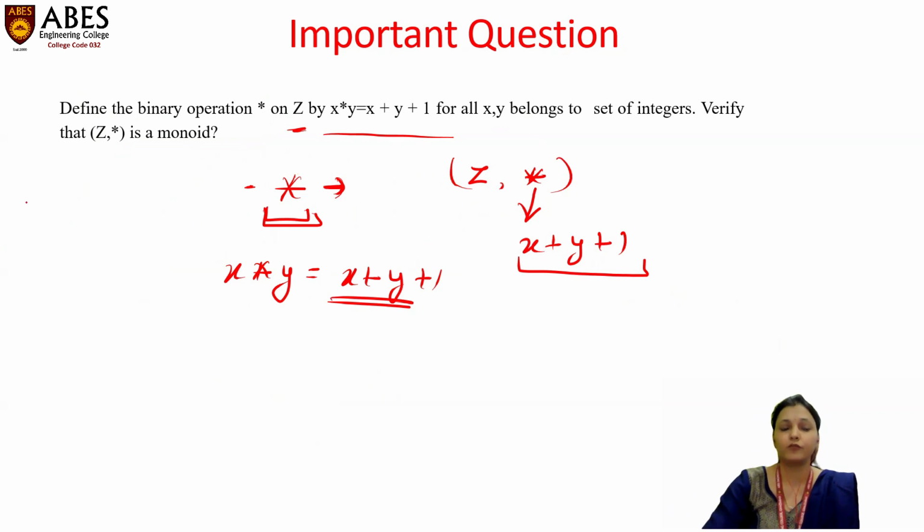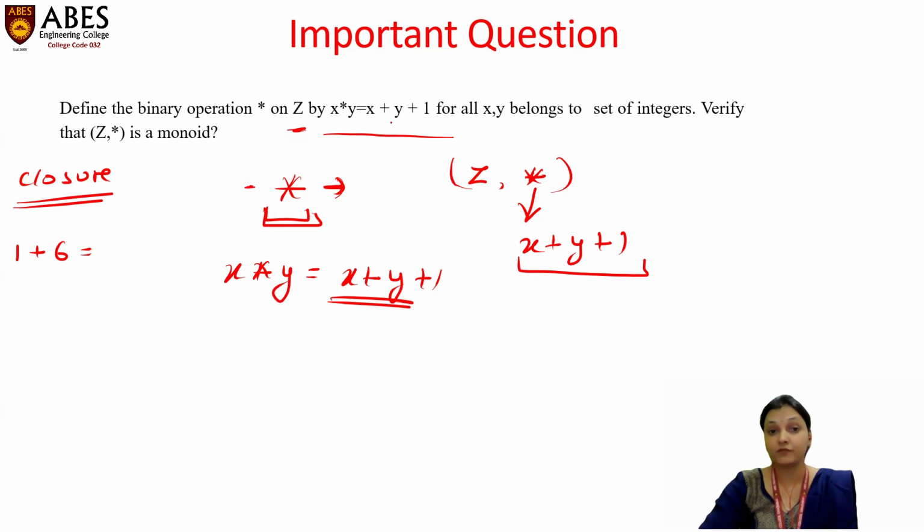So first of all, we have to find whether it is an algebraic structure or not. For algebraic structure, we have to check whether it satisfies the closure property or not. So consider any two integers, for example 1 and 6. If we apply this operation, don't write addition, just write this, as the definition of the operator is given in the question.